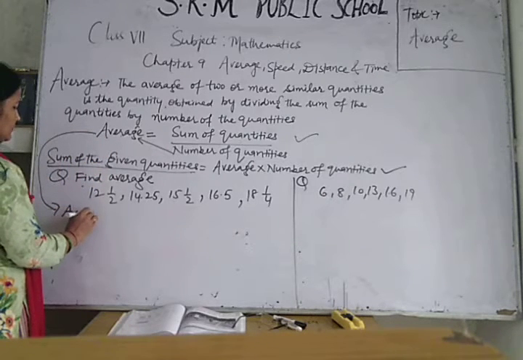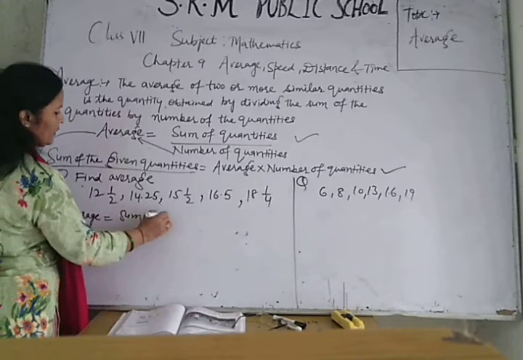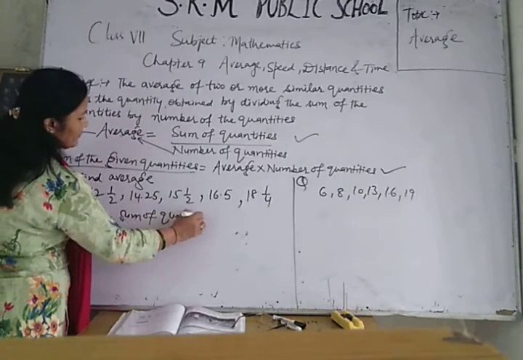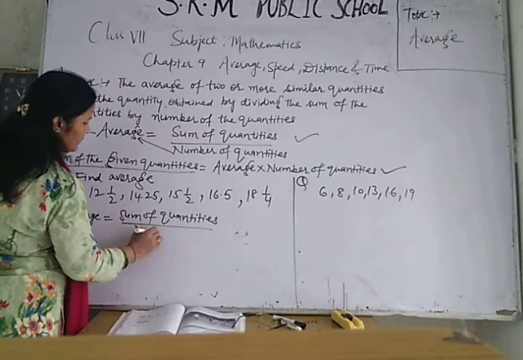Average is equal to sum of quantities divided by number of quantities.